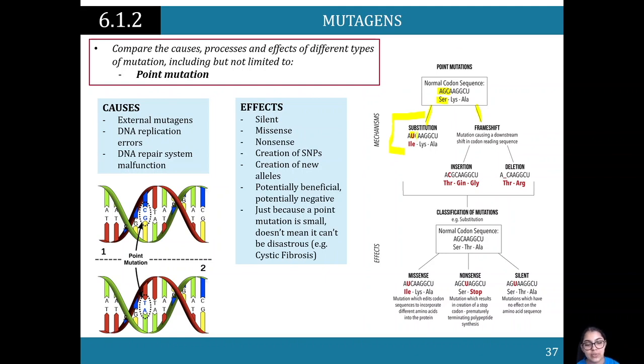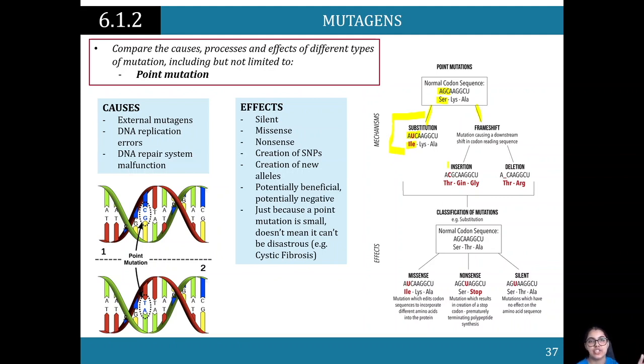From guanine we've gone to uracil, and because of that the codon changes, or rather the anticodon, my bad. The anticodon changes to AUC instead of AGC, and that means that our amino acid would also change right there.